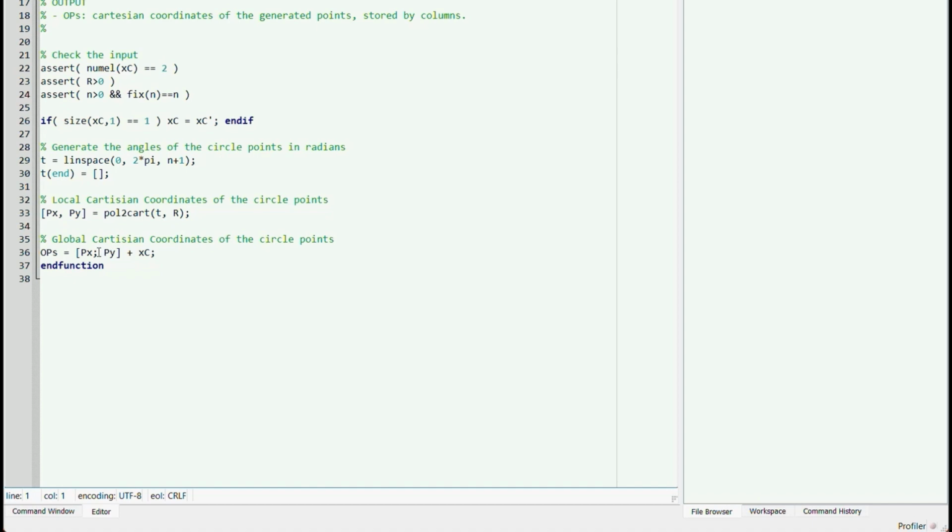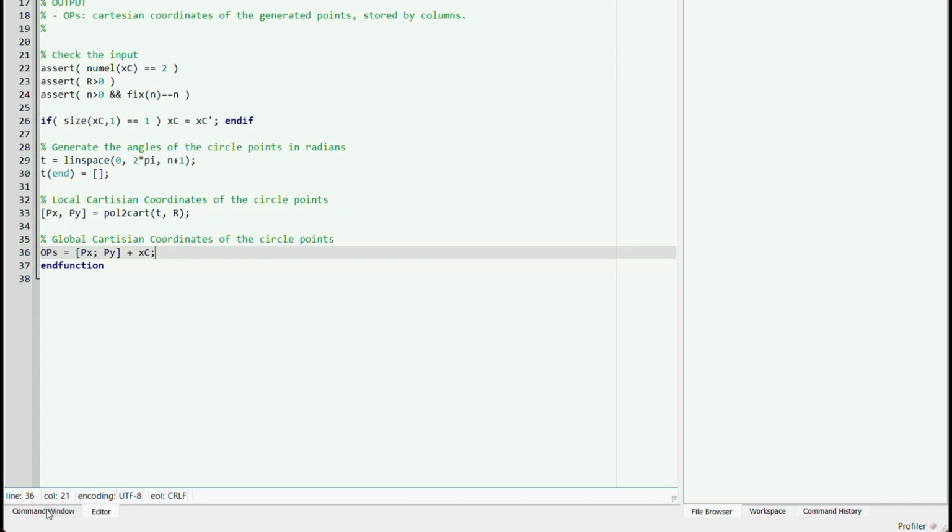The second row, we use a semicolon. Be careful here. We use a semicolon. So the first row for the x coordinates, the second row for the y coordinates, and we add the coordinates of the center to each column of the points, and we get OPS. Very simple. Before we use this function in our project, let's test it.